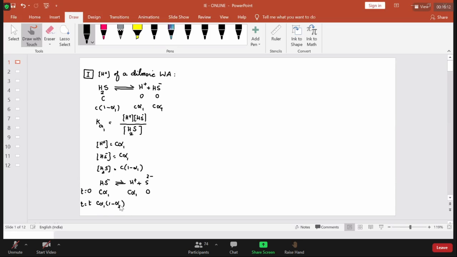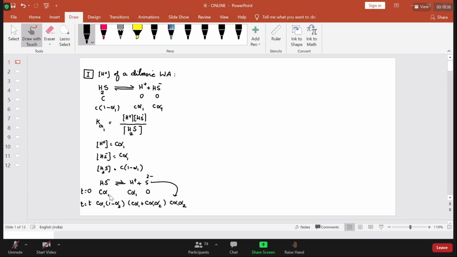C alpha 1 was present, now it is C alpha 1 alpha 2. I hope you are able to understand. This is the total concentration of H plus ion. And for sulfide, the newly born baby, it is C alpha 1 alpha 2.